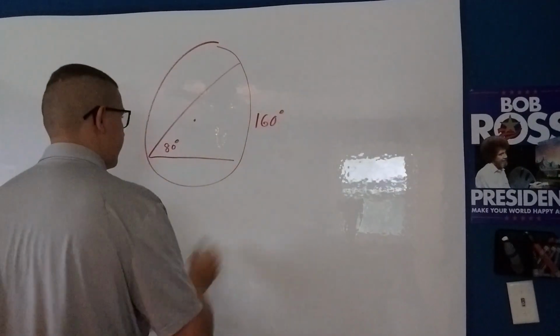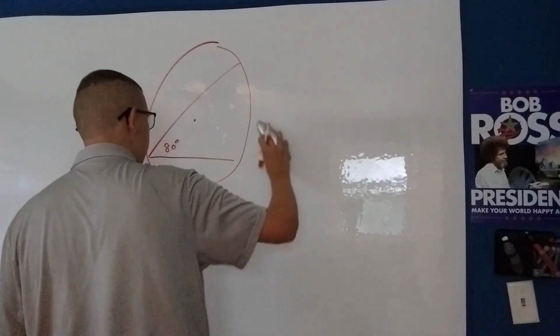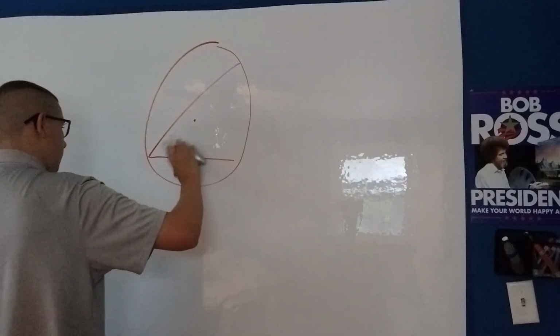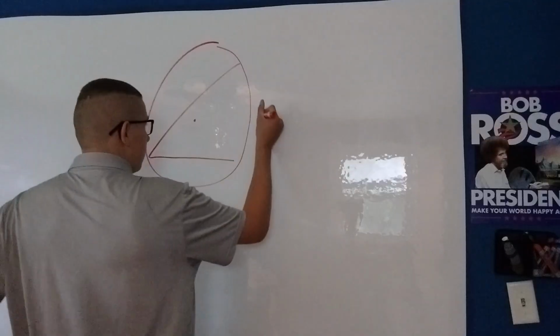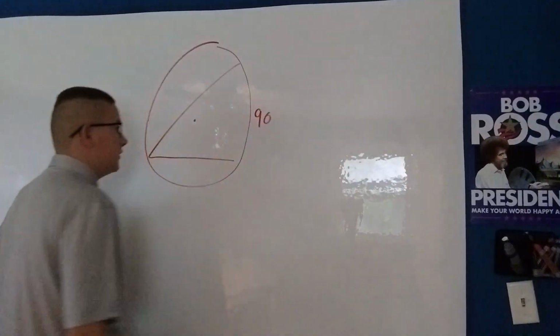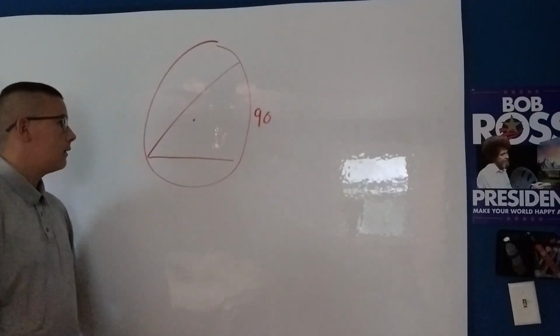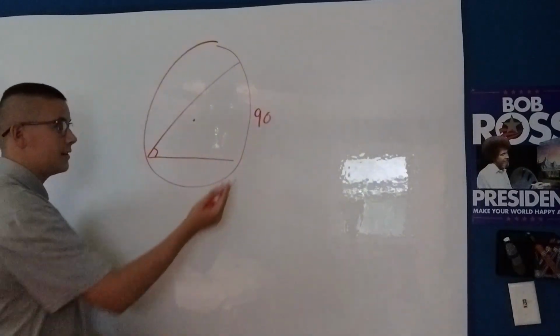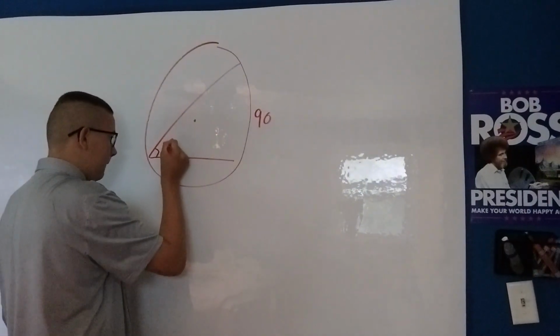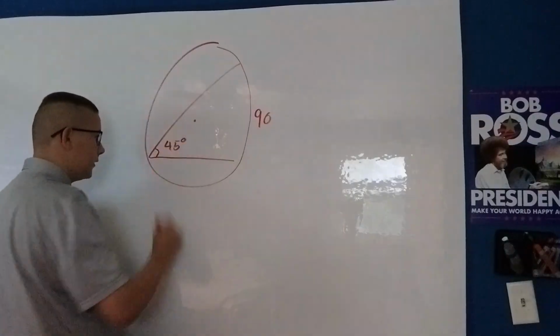And then what if we had instead here, we know that this is 90 degrees. So what is this angle right here? Again, it's going to be half of this, so 45 degrees, like that.